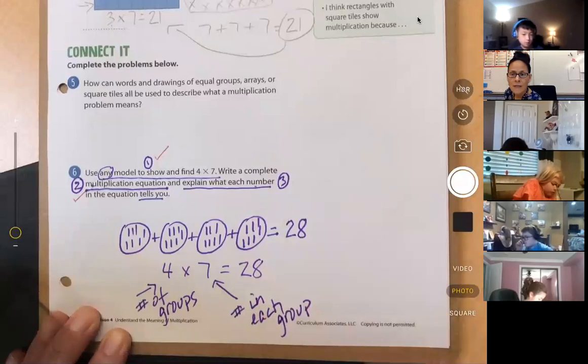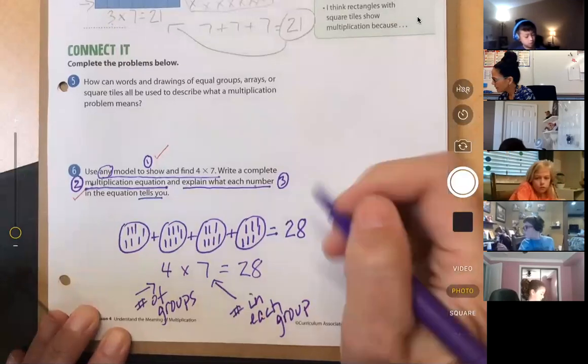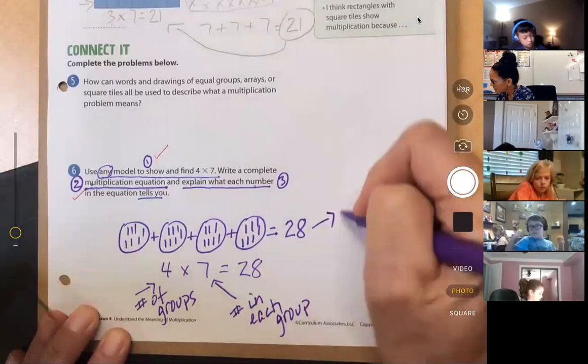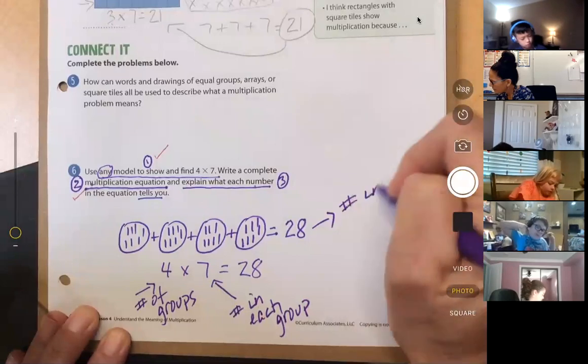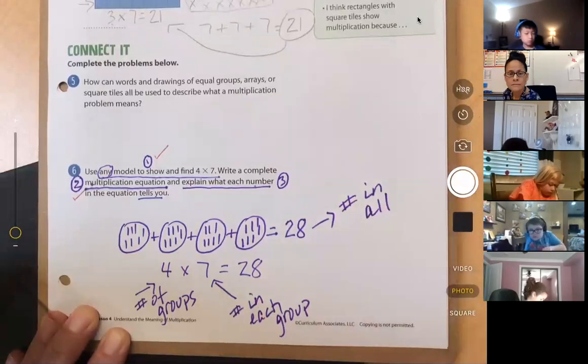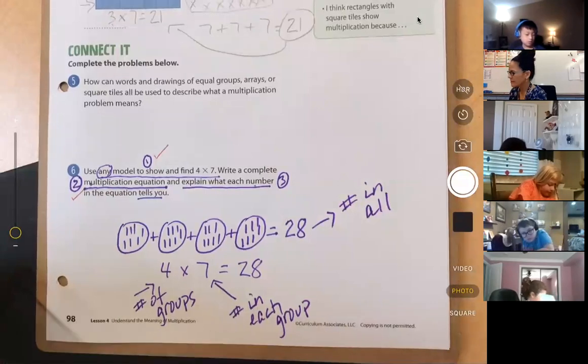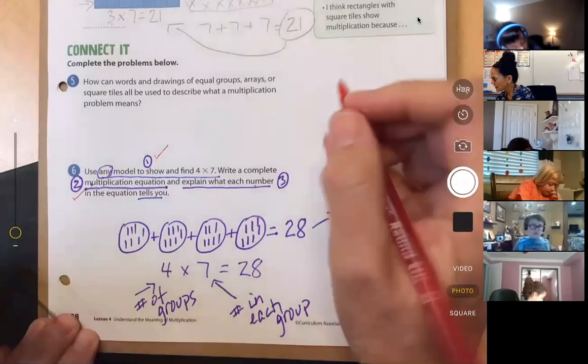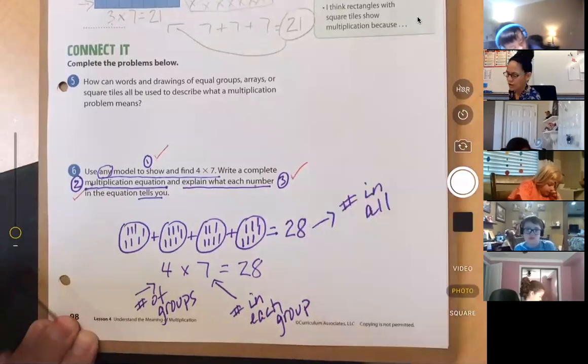Awesome. And this number is the number in all. Great. And so I have addressed our question number 3, and I can put a little check mark there.